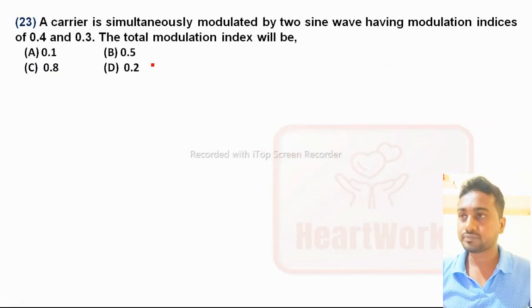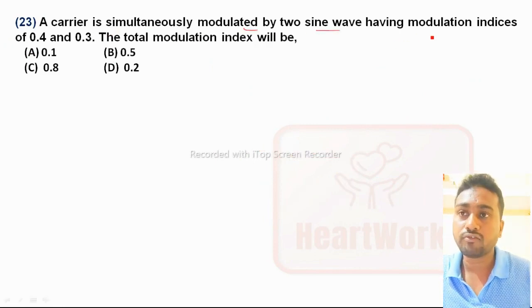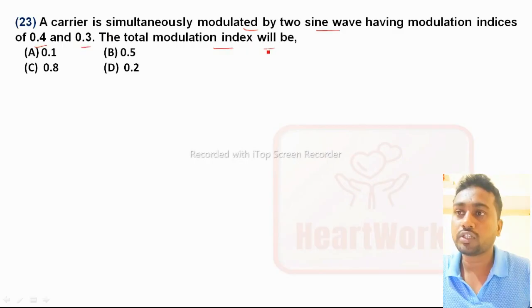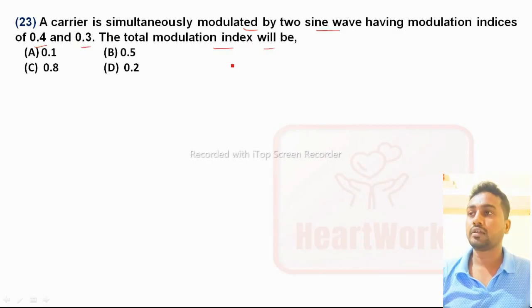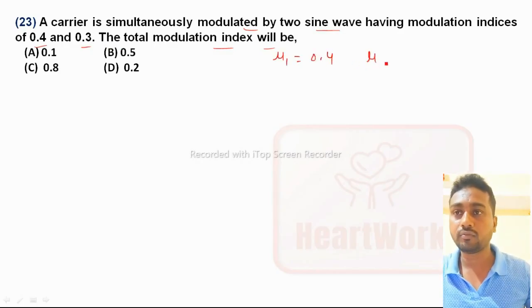Okay, next. A carrier is simultaneously modulated by two sine waves having modulation indices of 0.4 and 0.3. The total modulation index will be? Here we are given mu1 equal to 0.4 and mu2 equal to 0.3.